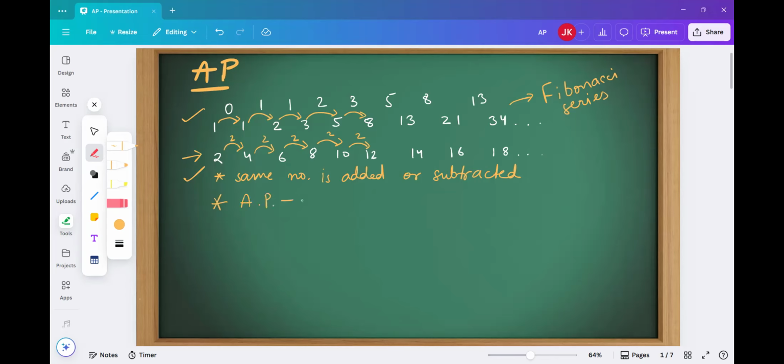And AP stands for arithmetic progression.